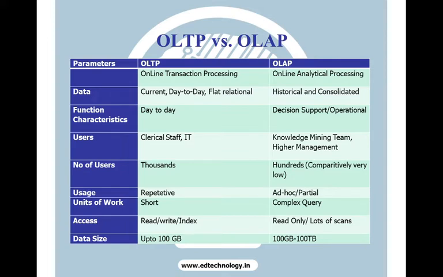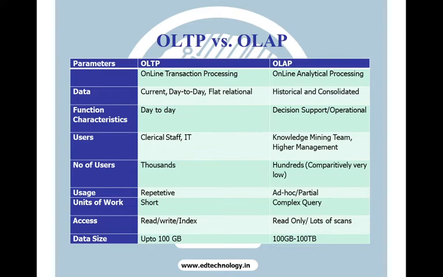Okay, now let us differentiate OLTP versus OLAP in terms of different parameters. In terms of data, whatever data we are storing in OLTP is day-to-day data, your day-to-day transactions, your relational files, etc. Whereas when we talk about OLAP, it's a very long period of time. It's historical data.